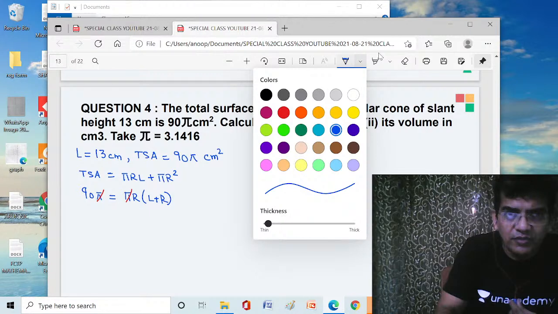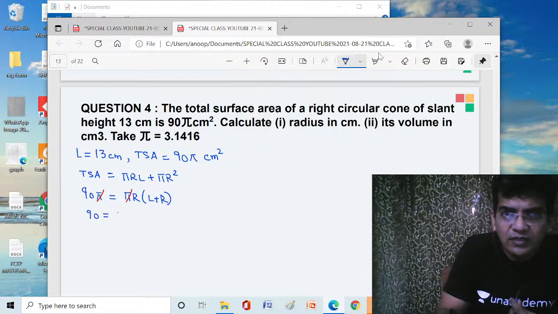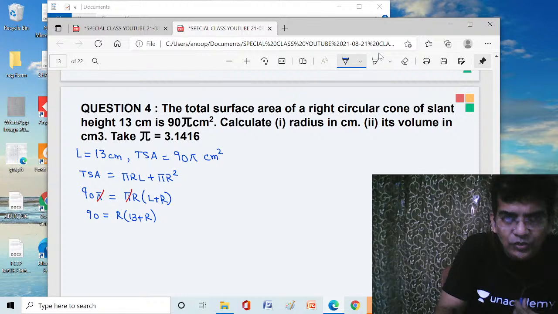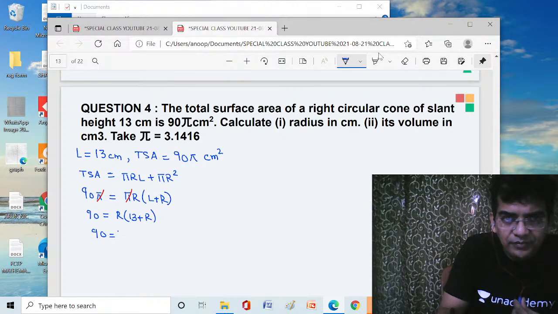On the right side, the radius is unknown to us. So let it be R. Slant height is given to us as 13 and then plus R. So if you open here, you will see we are getting a quadratic equation.